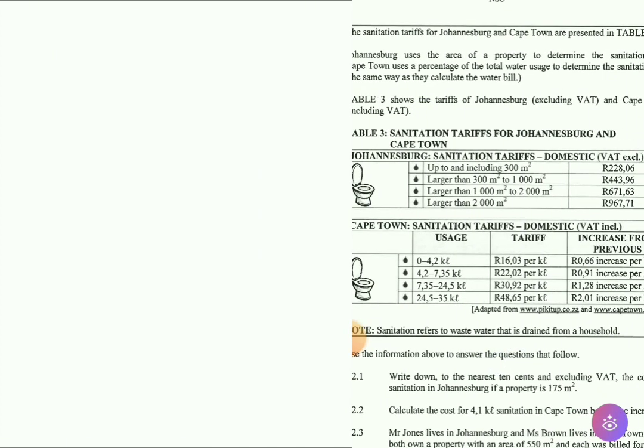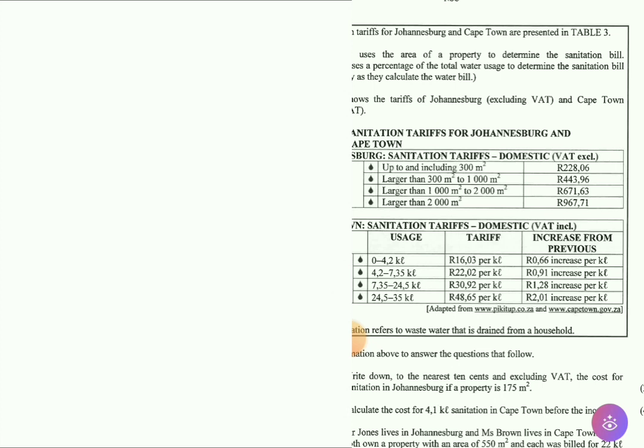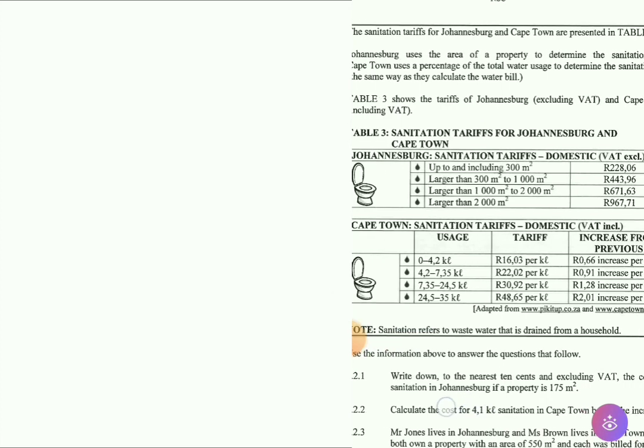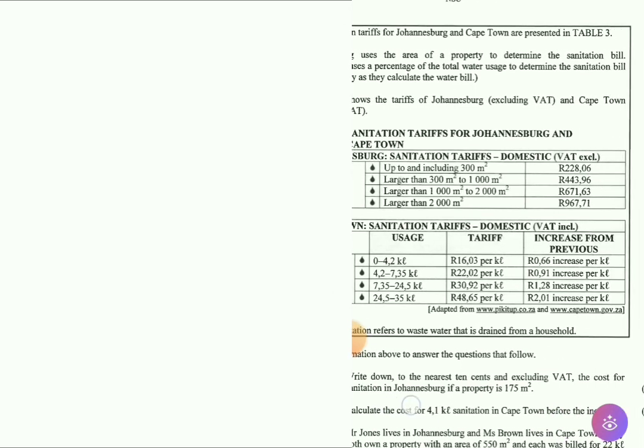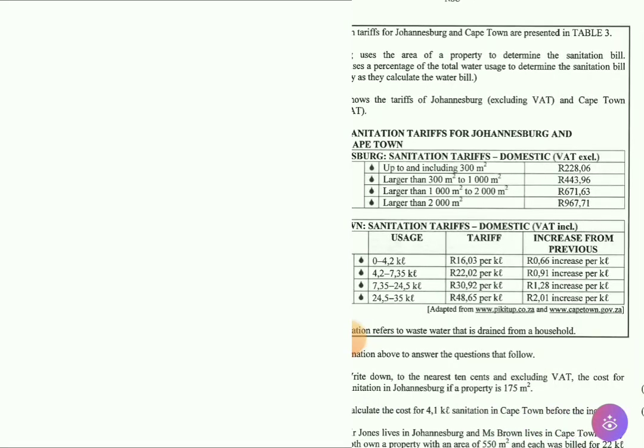We say 443,96 multiply by 15 divide by 100. Why do we multiply by 15? This is actually a free mark because it's including VAT. We multiply by 15 because we want to find what the VAT is, and we have to add this VAT.